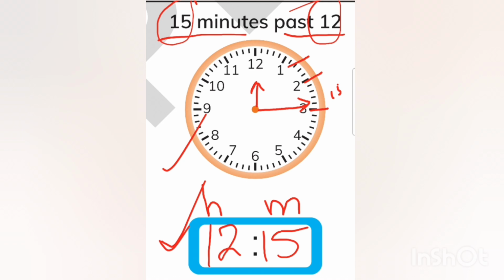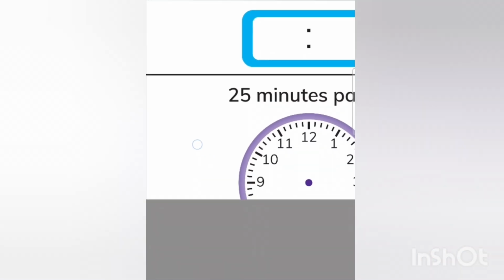In the mobile there is digital, and in our home we have analog and digital as well. And in our mobile also there are both ways, so you have to learn both ways. Okay, now we are moving towards another question.